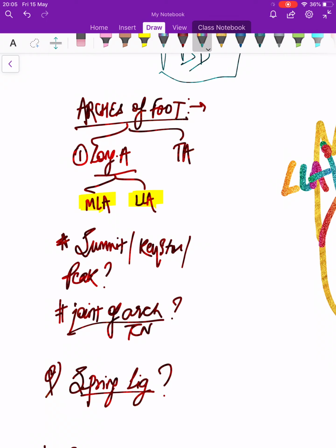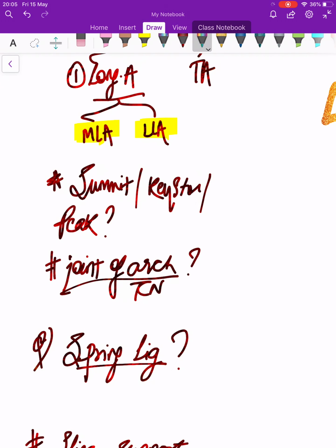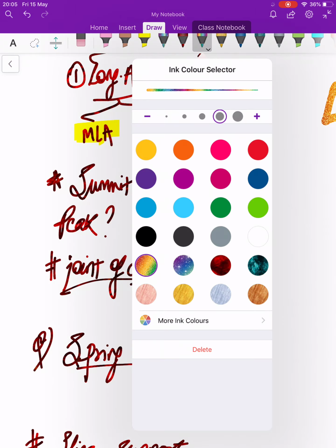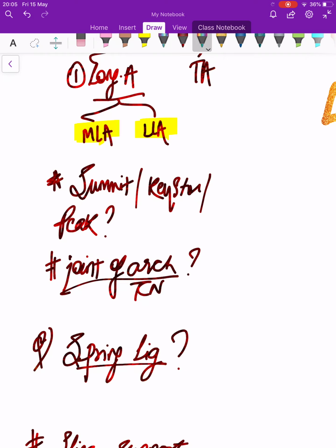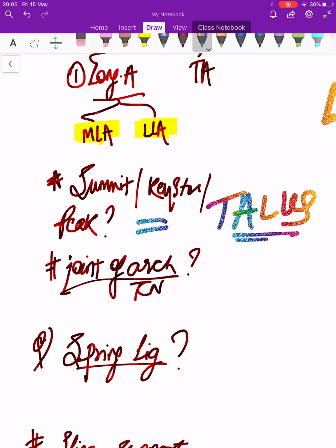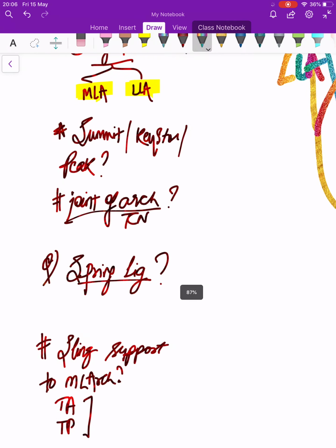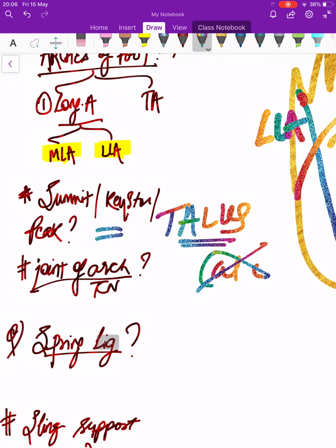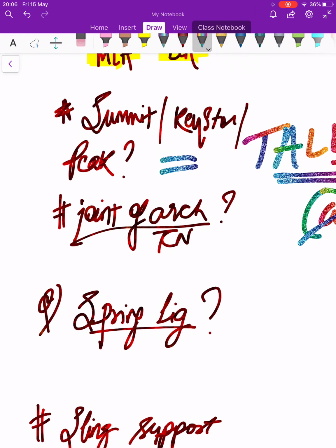देन सबसे पहले बात करते हैं मीडियल लॉन्गिट्यूडनल आर्च की। सो मीडियल लॉन्गिट्यूडनल आर्च में समिट या फिर बोलेंगे कीस्टोन, या फिर पीक ऑफ द मीडियल लॉन्गिट्यूडनल आर्च, वो कौन होता है, दैट इज टेलस। नोट द कैल्केनियम, मीडियली टेलस होता है, पीक, राइट। देन द जॉइंट ऑफ द आर्च, कैल्केनियम नहीं होता। जॉइंट ऑफ द आर्च इज हेयर टेलो कैल्केनियो नेविकुलर जॉइंट, विच इज अ बॉल एंड द सॉकेट टाइप ऑफ द जॉइंट.